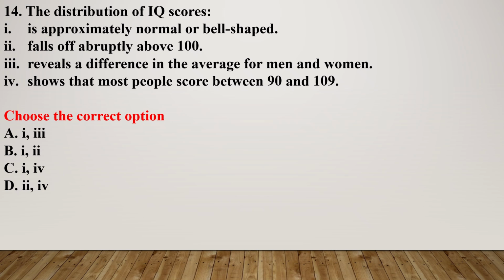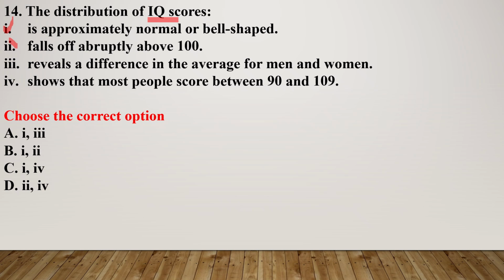Question number 14. The distribution of IQ scores is approximately normal or bell-shaped. That's true. When we plot the graph between the IQ scores and the population, the graph that comes out is a normal shape or a bell-shaped curve. Falls off abruptly above 100.